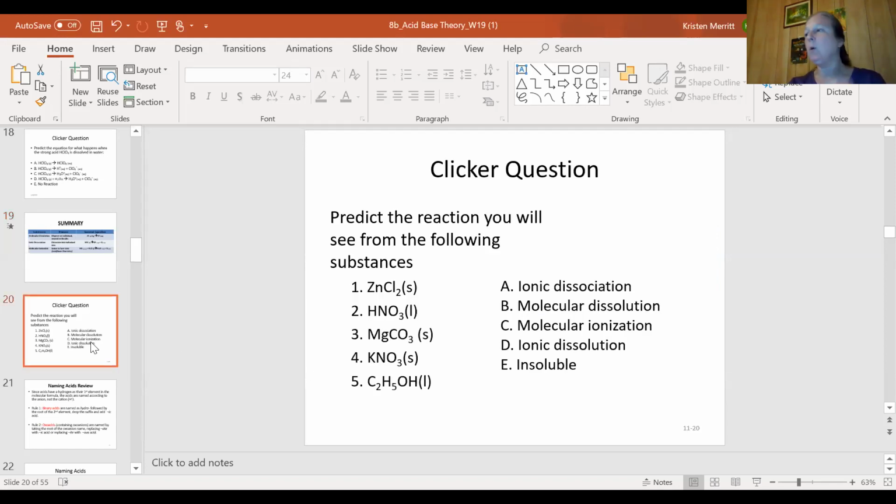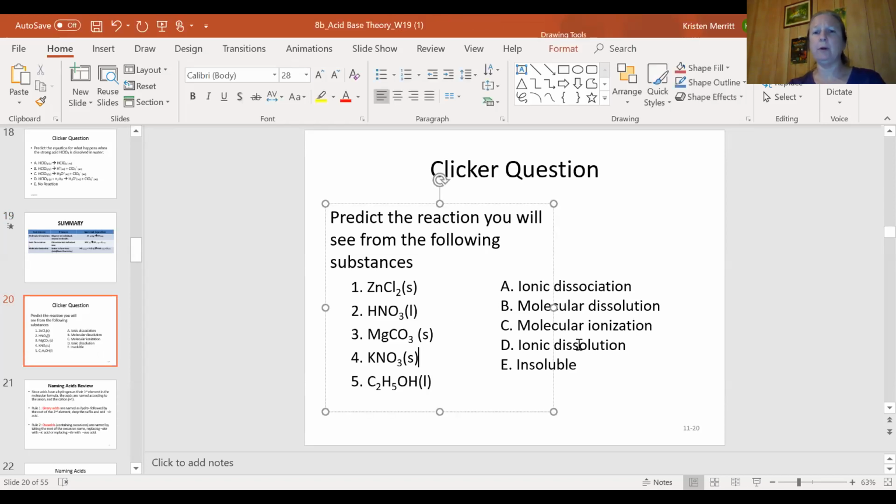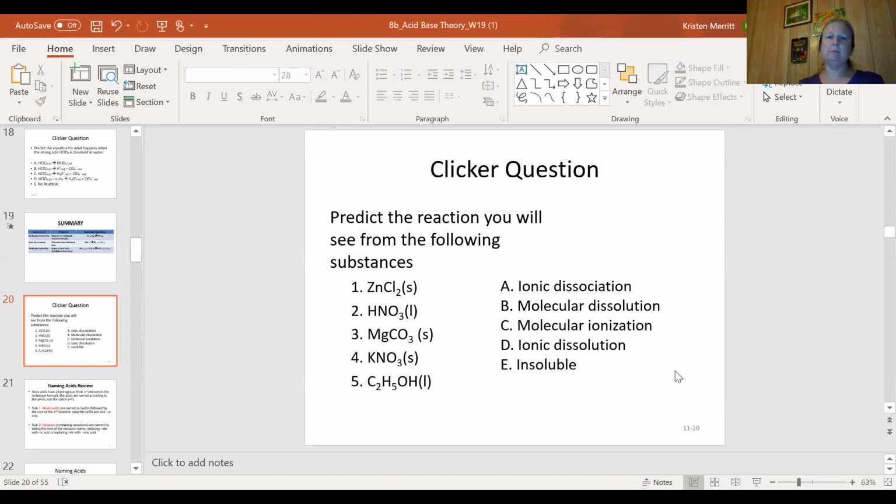Okay, so I'm going to go over to the board and we're going to work through these. Now, ionic dissolution, you're not going to get from me. We don't bother with that here. So ignore it, but A, B, C, and E are all very good candidates.